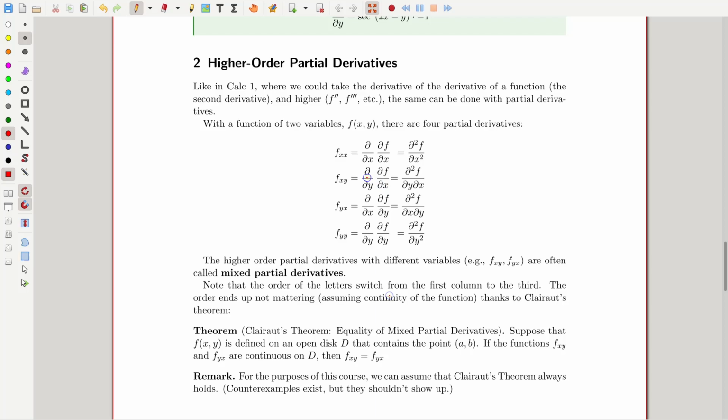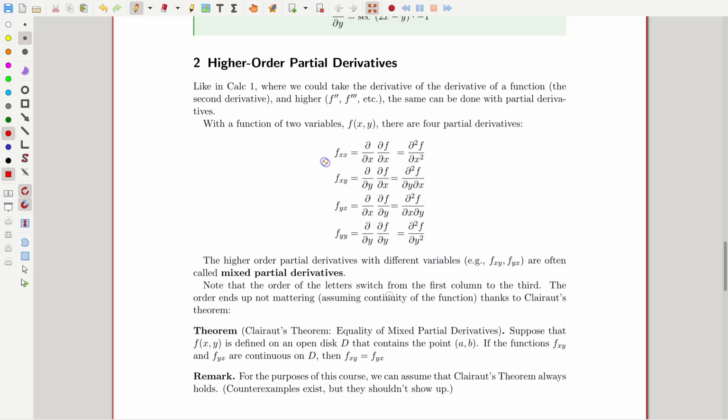What's going on is that you squash the fractions together, and that keeps the variables in the same order, but you see that the variables end up being out of order. So this is xy, but this is yx. When you have the partial derivatives written in this way, you technically are supposed to read things from right to left, because the rightmost derivative is being done first, because it ends up unpacking in this way.